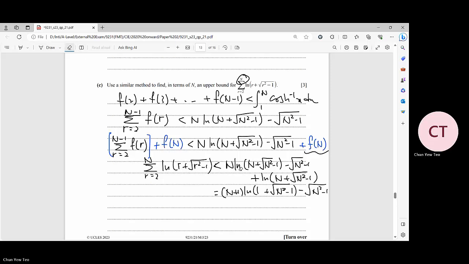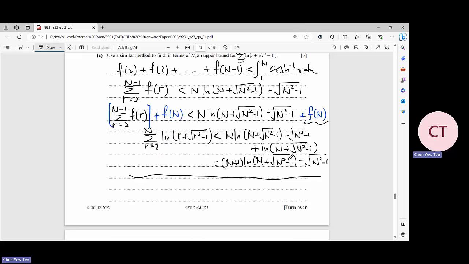Okay, so that will be the solution. So this will be your upper bound. Okay, done for this question number 7.